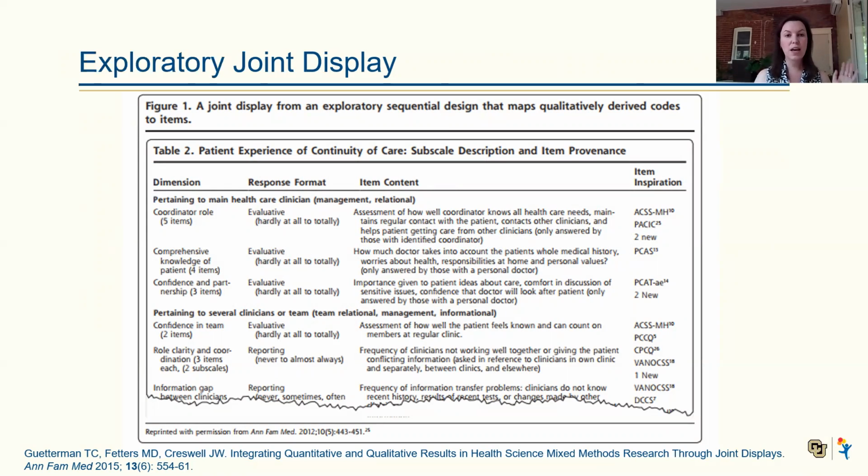And then as you go towards the right, they really explain what those findings were, and then that really informed, on the very right, the instruments and the surveys they decided to use in their study. So again, you can see how the qualitative really informed what's on the right, the quantitative.